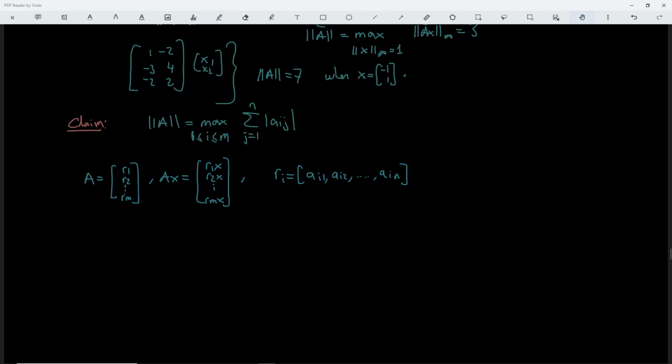Then, what you would like to do is maximize the infinity norm of Ax, right? That is maximizing, over each row, the absolute value of Ri times x, because this is the resulting vector, and we are trying to maximize the absolute value of that thing.